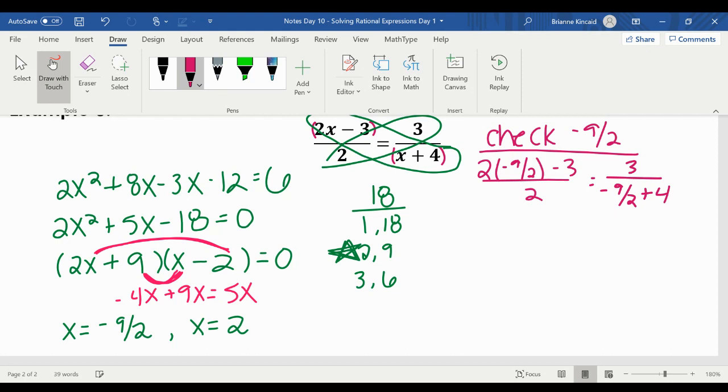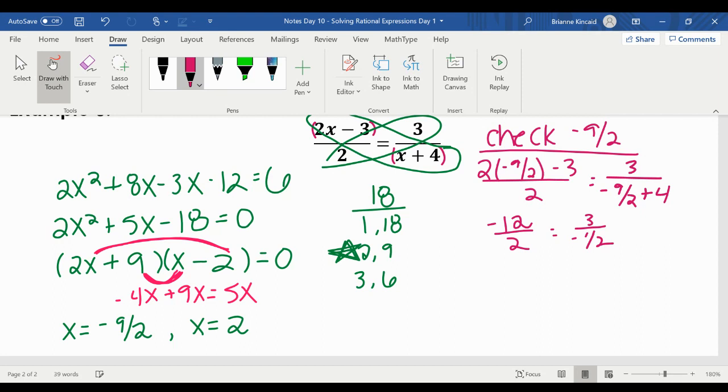Negative 9 minus 3 is negative 12 divided by 2. On the right over here, negative 9 over 2 is really negative 4.5. So plus 4 is going to give us 3 over negative 1/2.